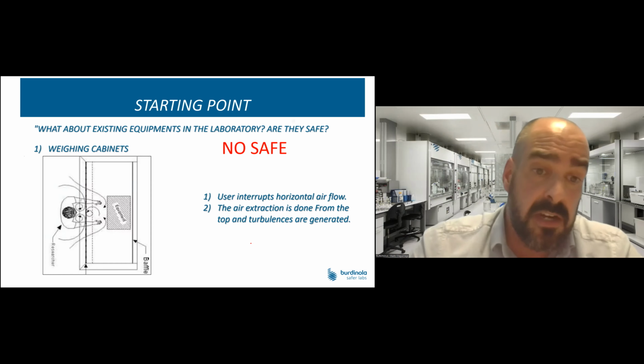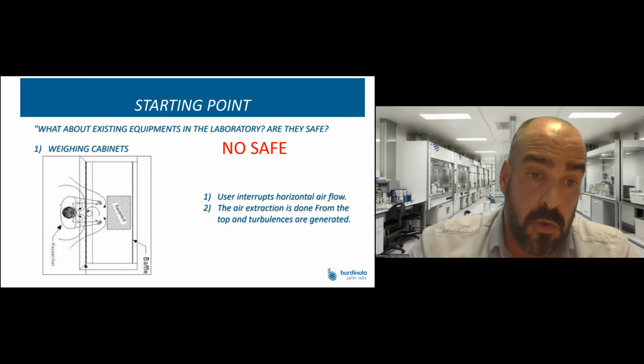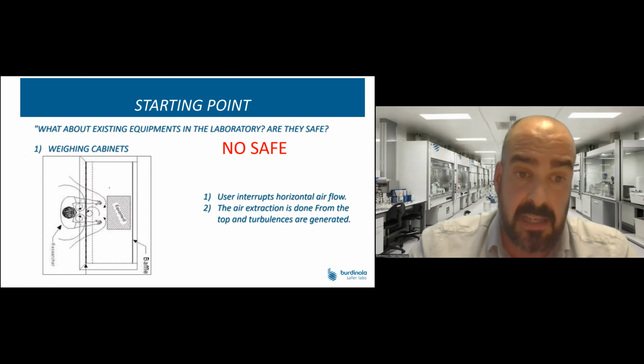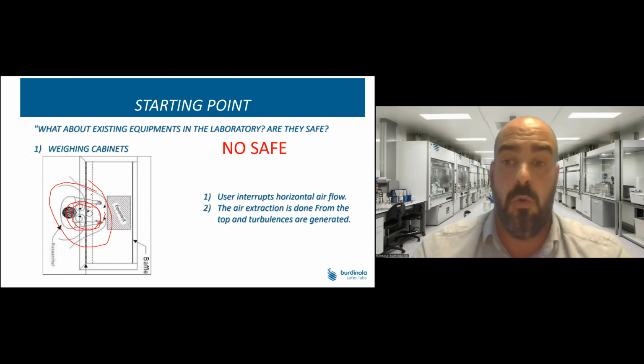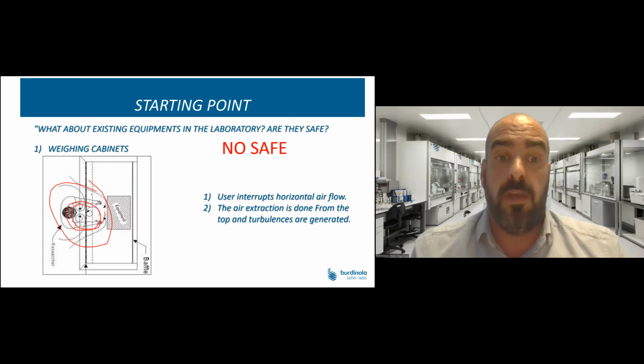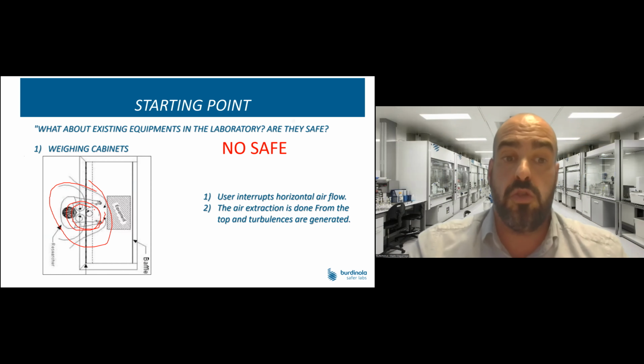And here in the picture, you can clearly see that when a horizontal flow is used, the user breaks this flow, and some turbulences are generated in front of him. So we can say that the containment in those cases can be broken.